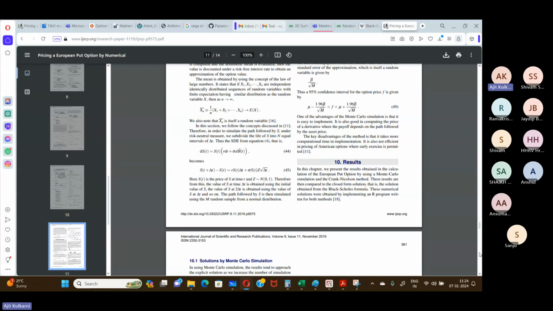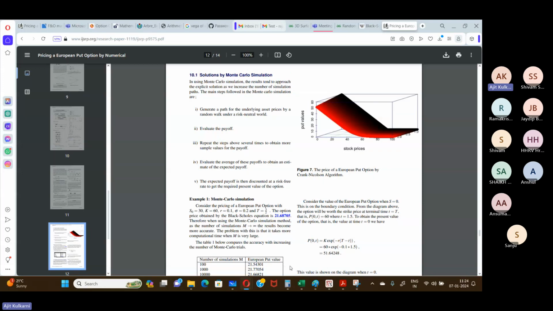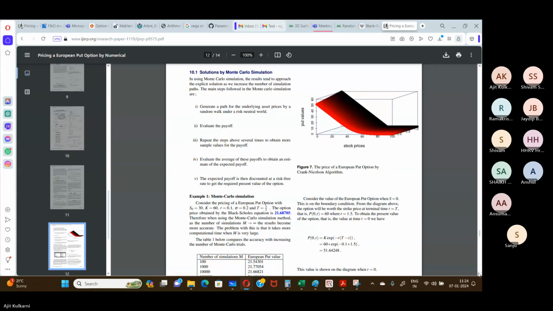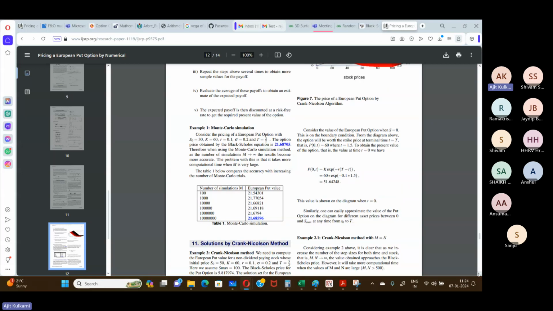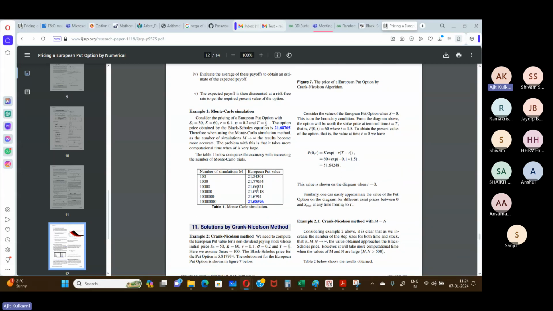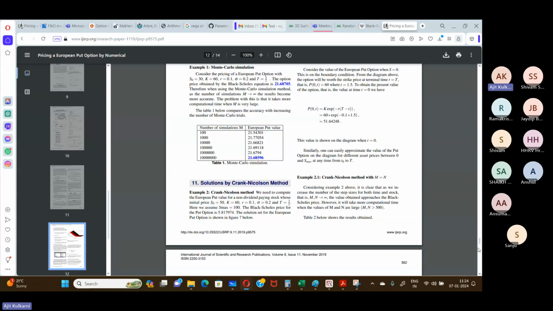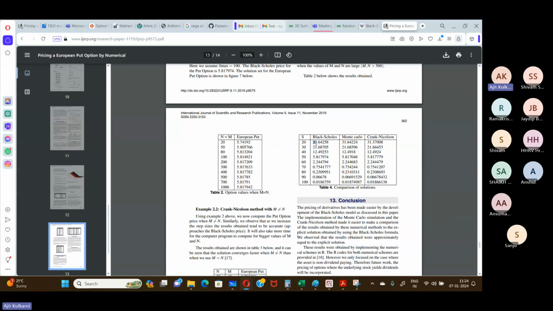Okay, so if you use X number of paths, then you get, okay, these are the prices you get and it converges to something. Okay, so and so on and so forth. Okay, so what are Black-Scholes results for different spot prices for different time to expiries and all? Okay, versus what you get as per your discretization method.